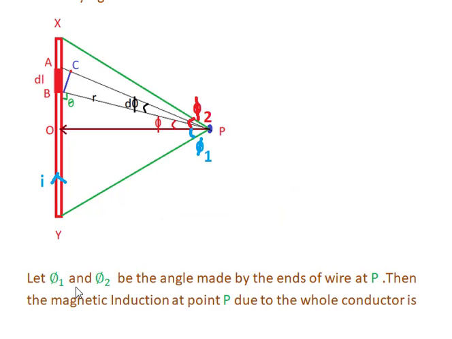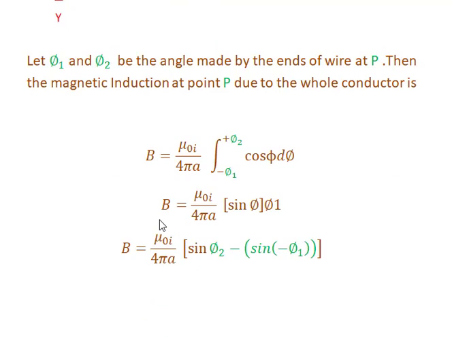Let phi 1 and phi 2 be the angles made by the two ends of the wire at point P. Here it is phi 1, and here this angle is phi 2. So the magnetic induction at the point P due to the whole conductor XY is obtained on integrating from the lower limit minus phi 1 to the upper limit plus phi 2. So B equals mu naught I by 4 pi A, a constant term.